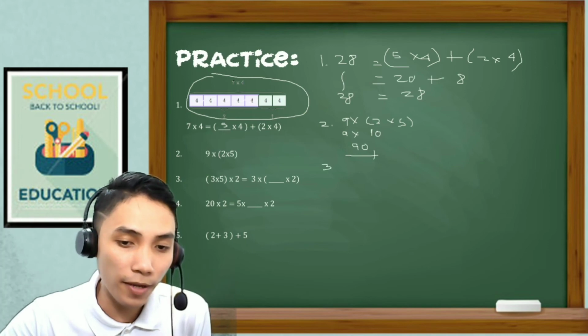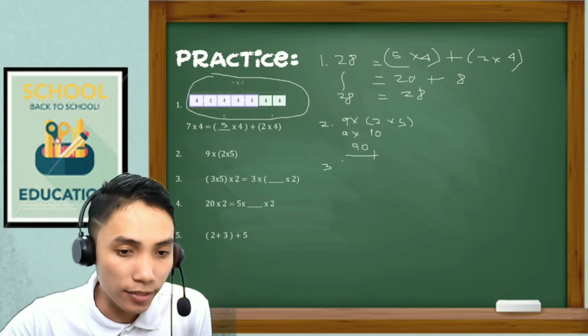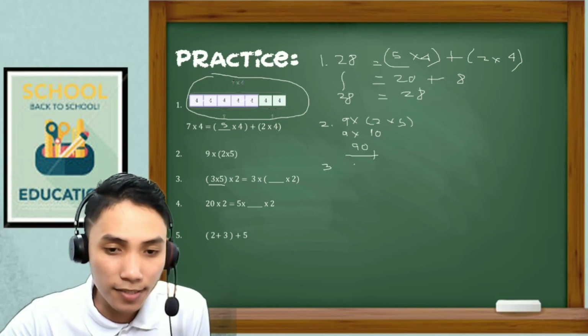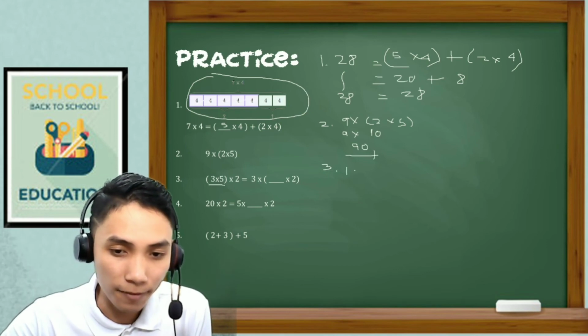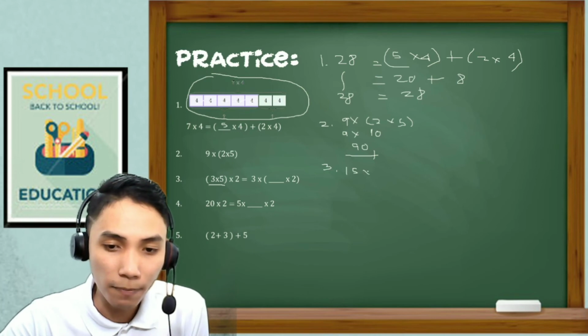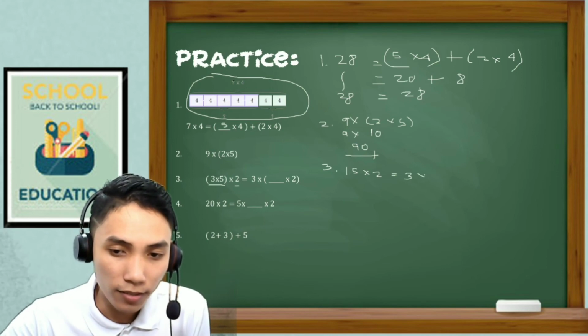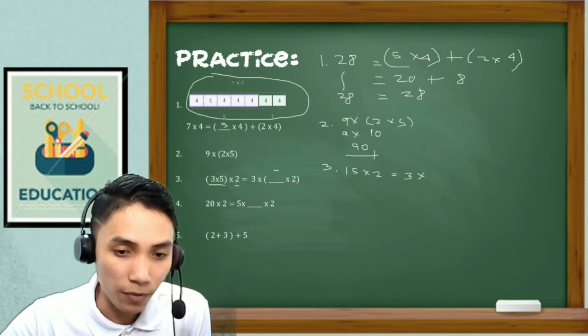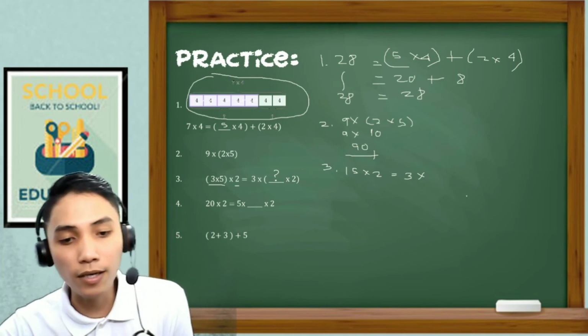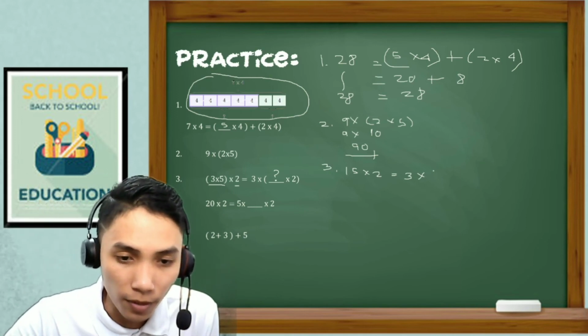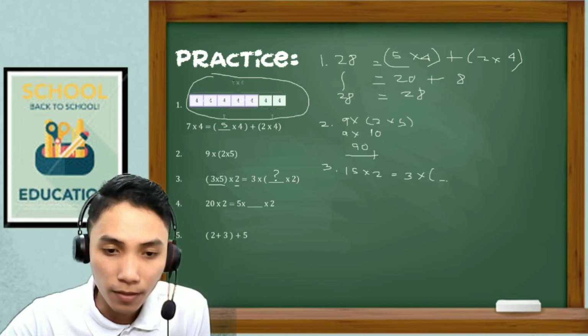We have here number 3. 3 times 5, that is 15, multiplied by 2 is equal to 3 times a missing number times 2.